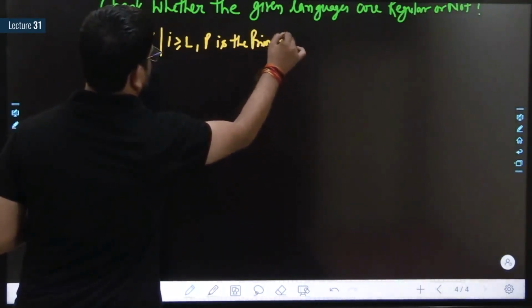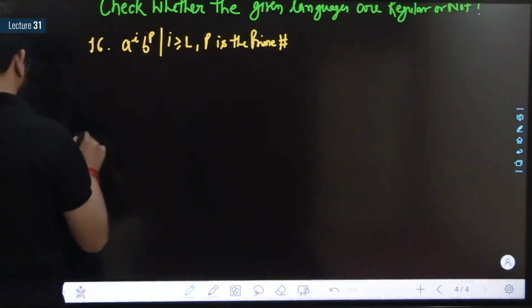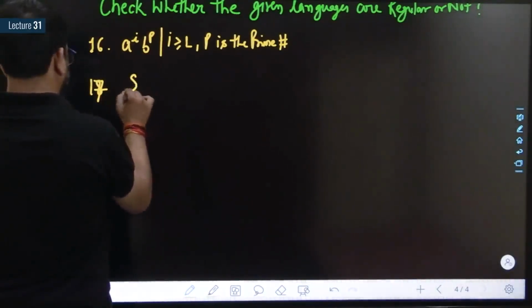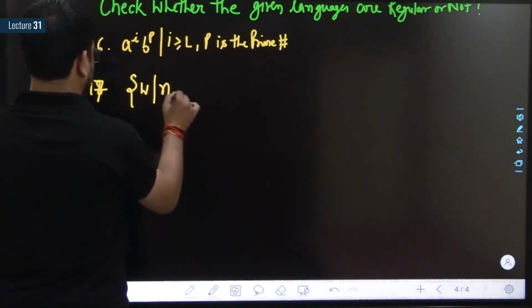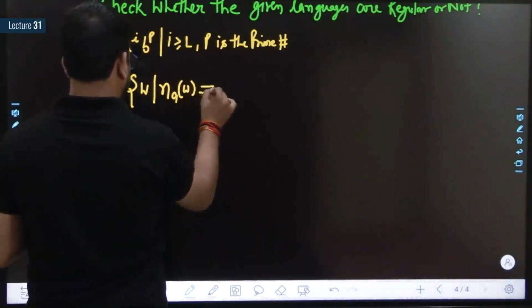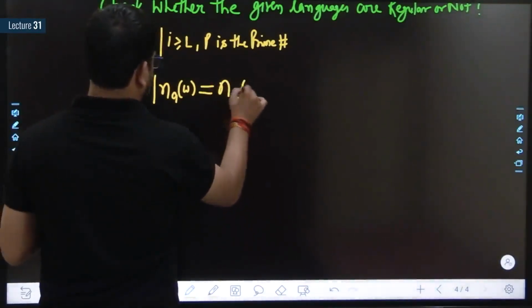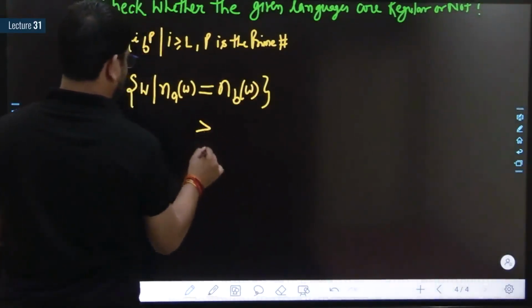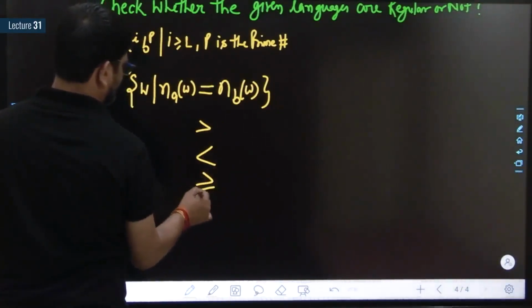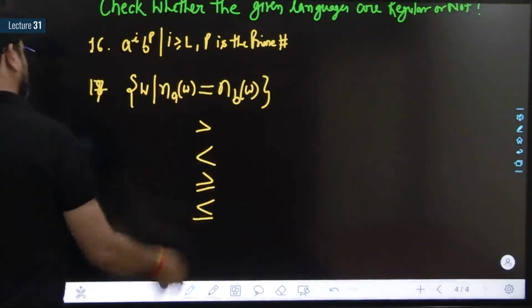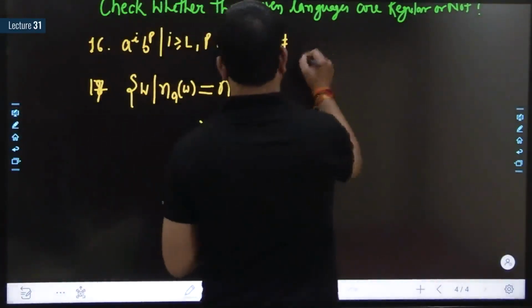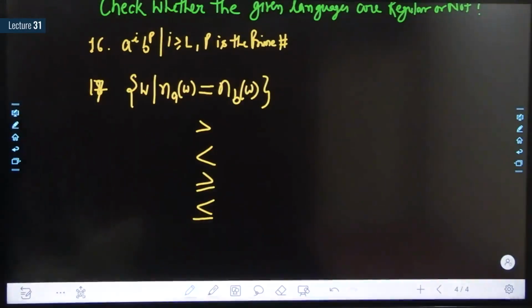Then, W such that the number of a's in W is equal to, greater than, less than, greater than or equal to, or less than or equal to something; any type of question can be asked. Next, first do these two questions, after that we'll see the next languages.